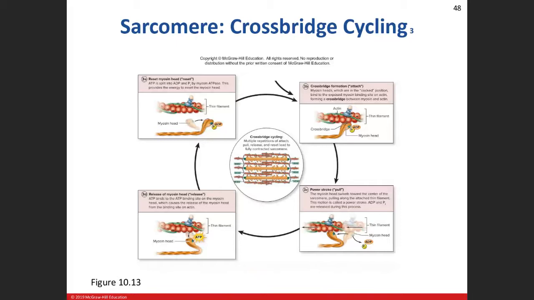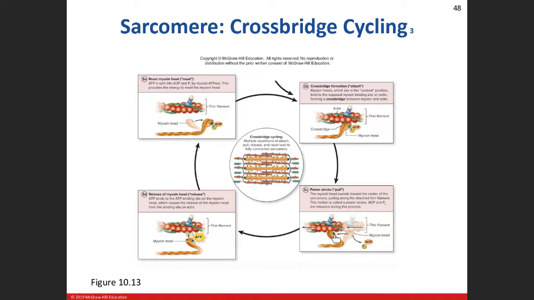So we look here, zoom in again. On our crossbridge formation, the myosin head has ADP and an inorganic phosphate attached to this binding site. This is all occurring during the crossbridge formation. Now, when that myosin head pulls the thin filament past itself, the ADP and the inorganic phosphate pop off.